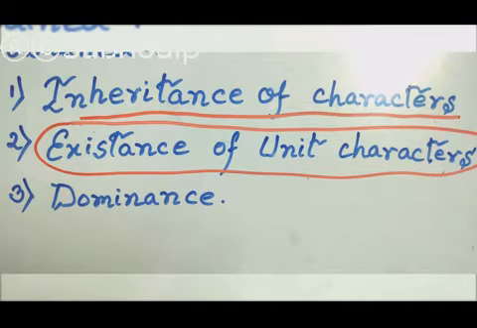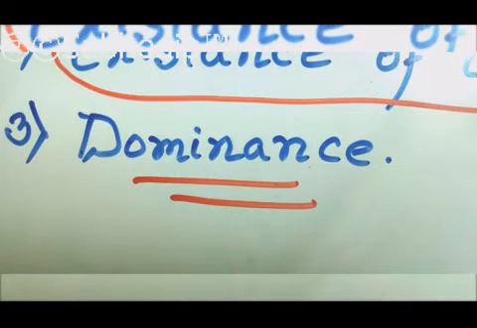Secondly, the existence of unit characters. In the hybrid organism of the F1 generation, two gametes of the parental generation formed the zygotes, during which one character from each parent comes and lies side by side. Those two characters remain perfectly independent from each other without losing their identities.